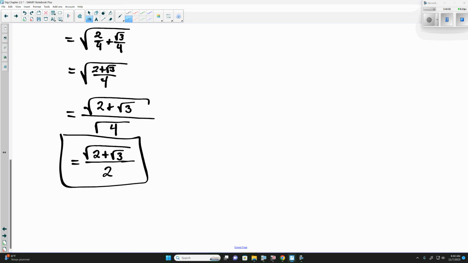And it's positive because sine of theta is positive in the second quadrant. Remark: use your calculator to verify the results. Evaluate sine of 105 and square root of 2 plus square root of 3 over 2. Note that both are the approximate same value.